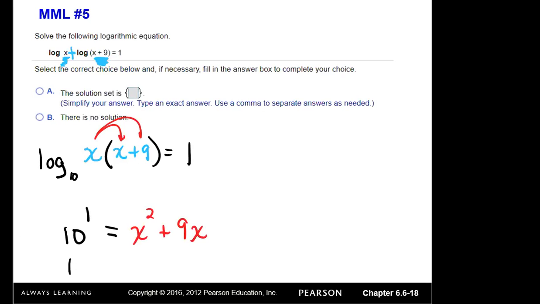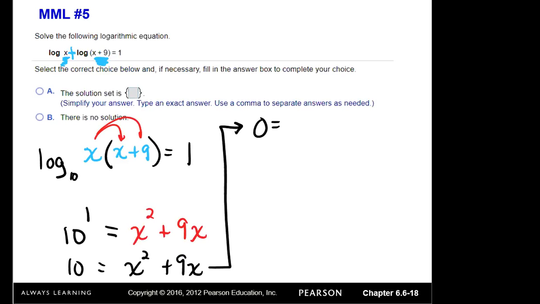And then, of course, 10 to the first is just 10. And it's a quadratic, so I got to set it equal to 0. I'm going to subtract 10 over. So this is going to be 0 equals x squared plus 9x. And here comes the subtract 10. I subtracted it on both sides. And factor.